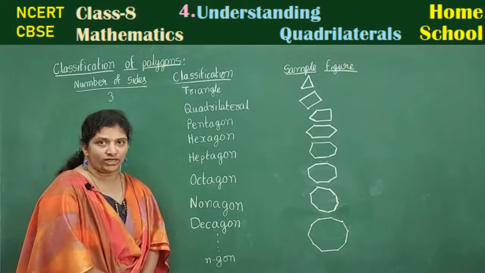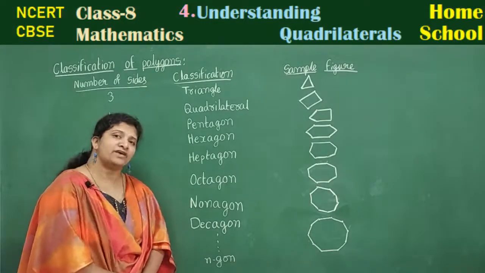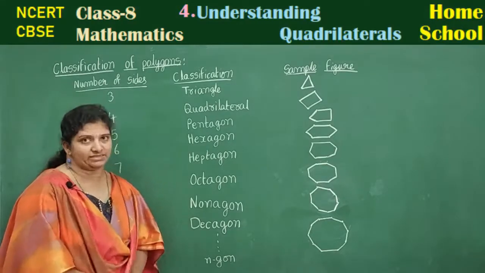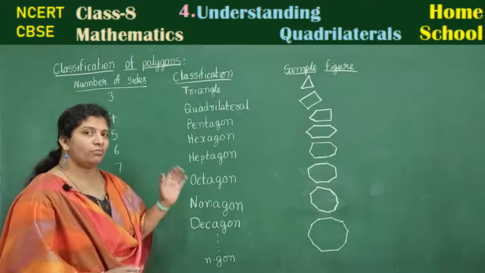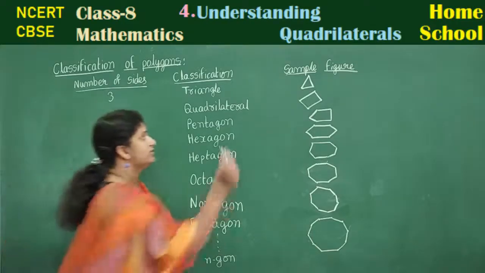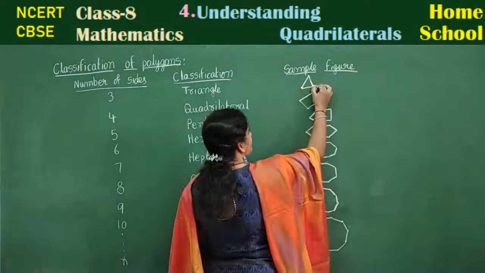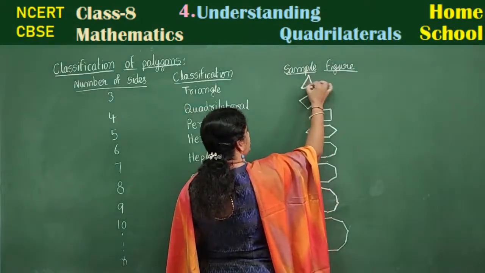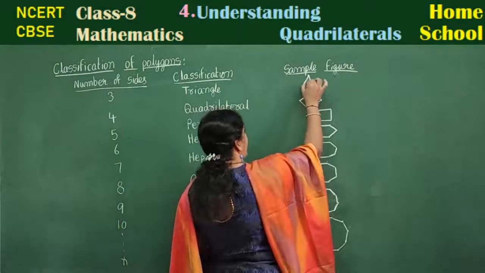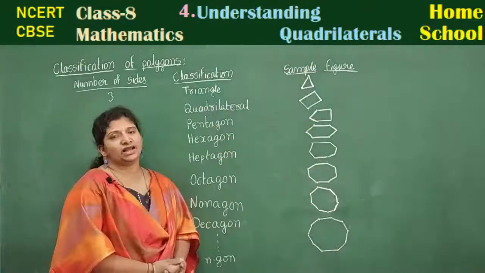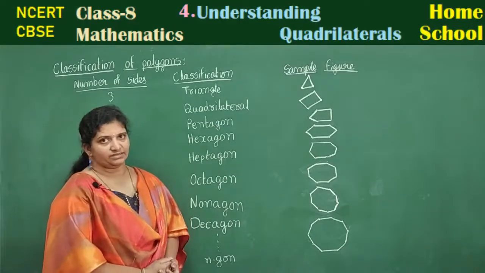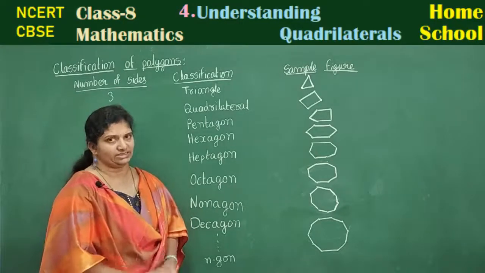Classification of polygons. We classify the polygons by the number of sides or vertices. I hope every one of you knows what sides and vertices are. Just see here, these are the vertices. 1, 2, 3 vertices it has, and 3 sides. We classify the polygons according to the number of sides, or you may say vertices.